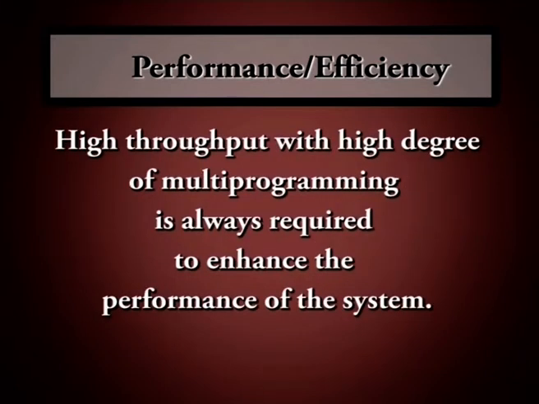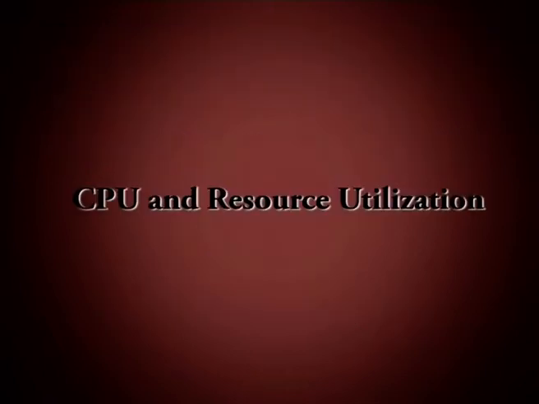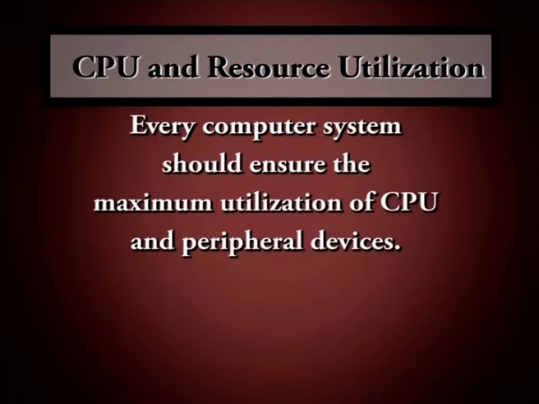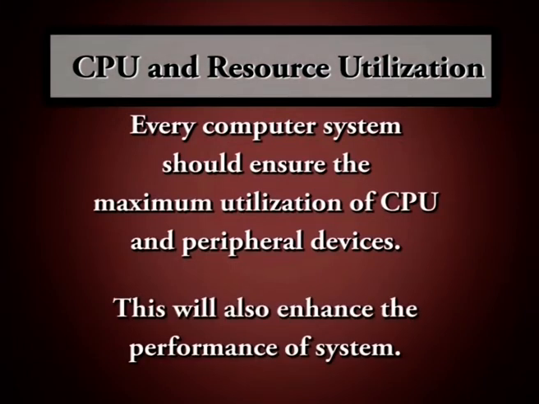High throughput with high degree of multi-programming is always required to enhance the performance of the system. Second is CPU and resource utilization. Every computer system should ensure the maximum utilization of CPU and peripheral devices. This will also enhance the performance of system.